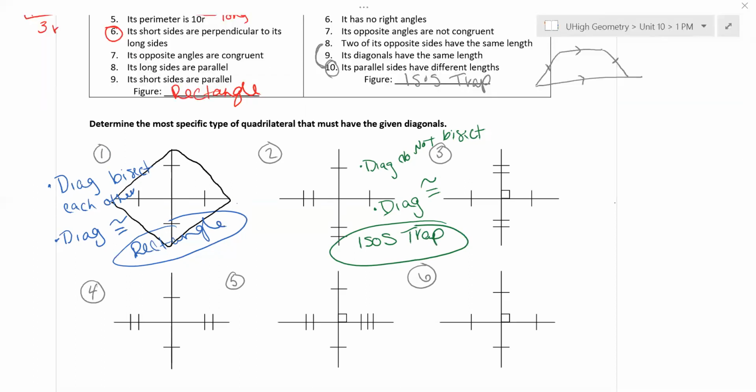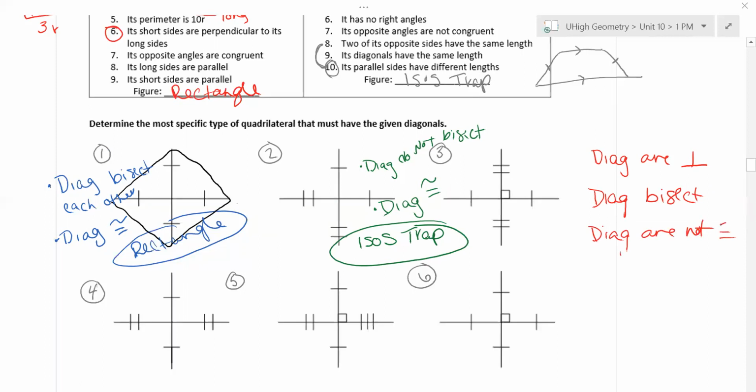The first thing that I see is that my diagonals are perpendicular. I have that right angle in the middle. I also see that my diagonals bisect each other, and I also see that my diagonals are not congruent.